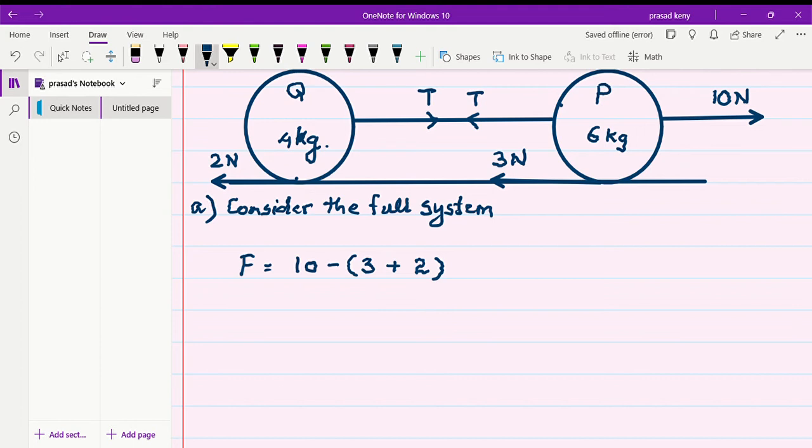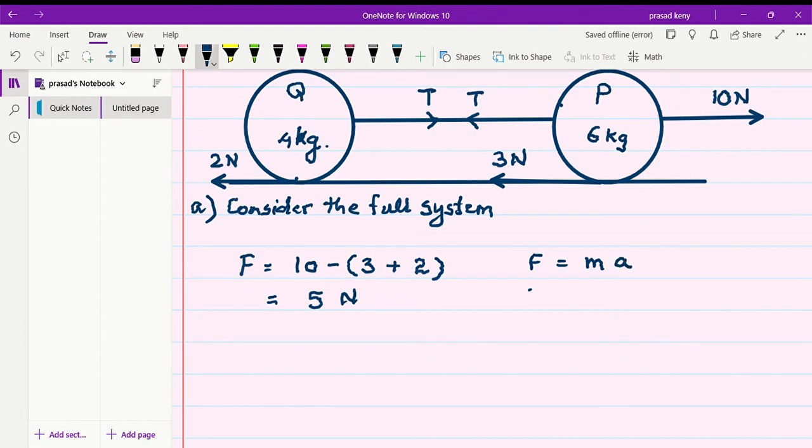This is how the modeling assumption that the string is light helps me here. So the resultant force is 5 Newton. Now I will use Newton's second law. F is equal to m into a.